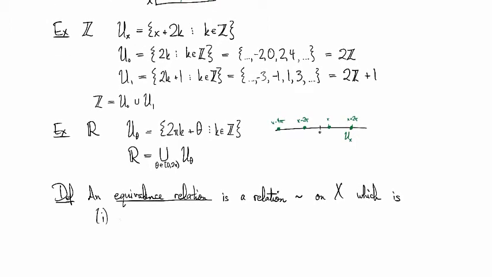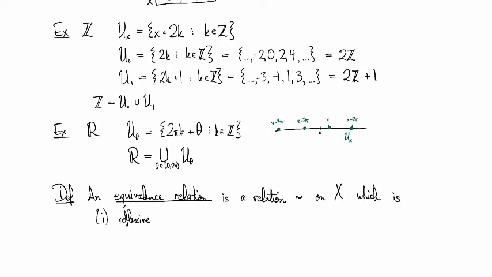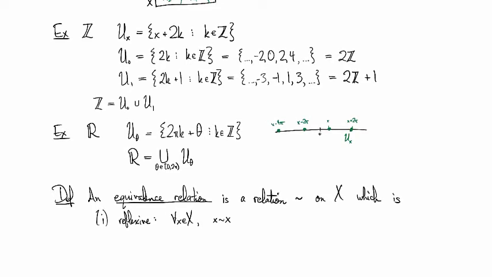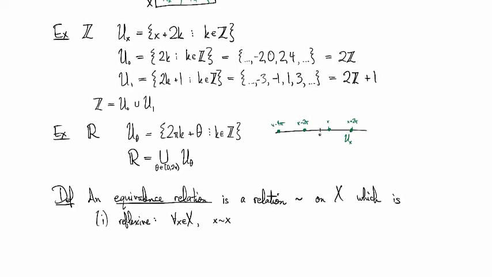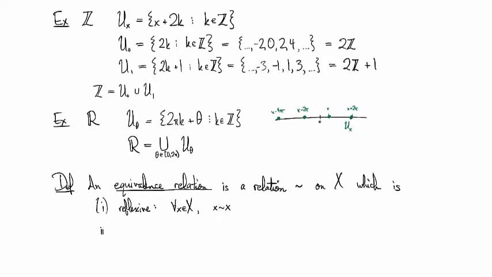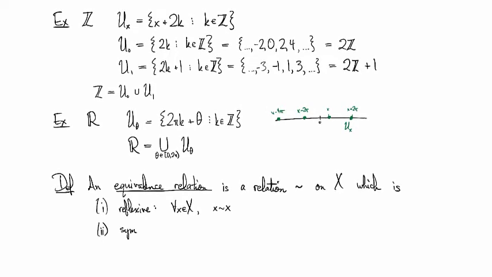It needs to be reflexive. In other words, for every element of our set, x is in relation to itself. Something like equals works, because x is always equal to x. Something like strictly less than would not satisfy this because x is not strictly less than x in any context ever.